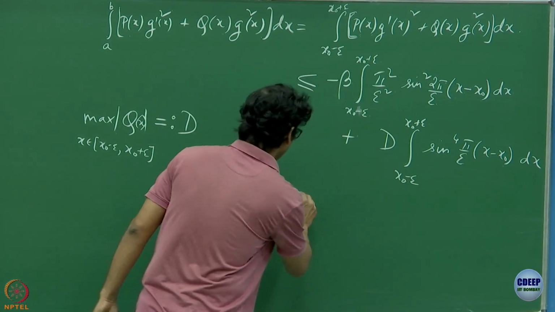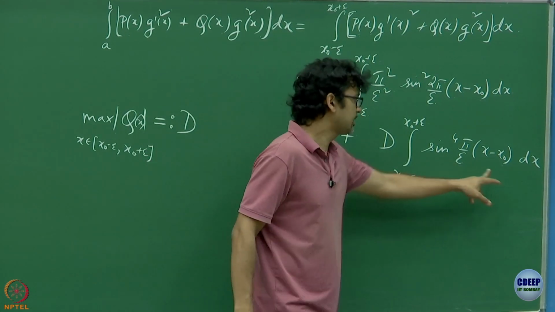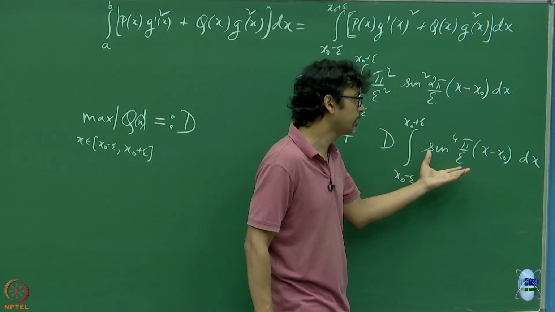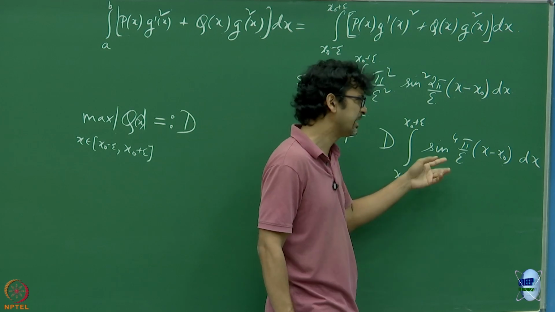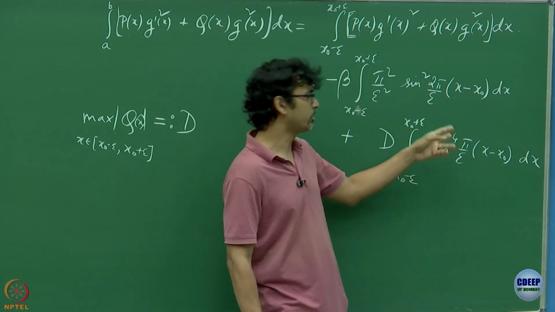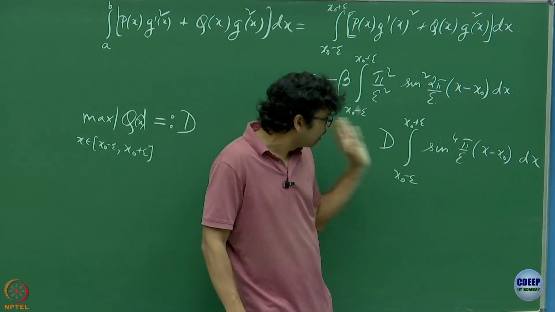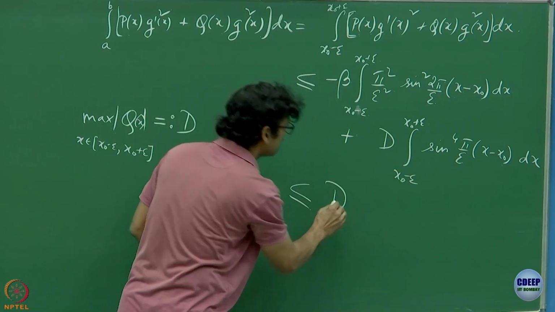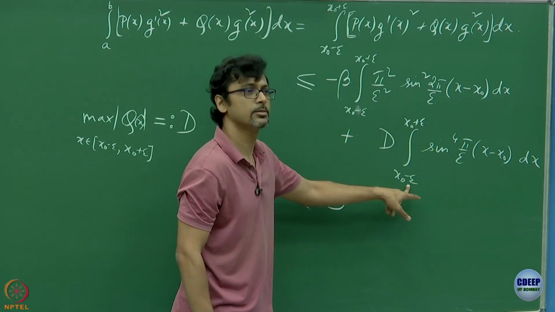I'll do one more thing here. Now this is of course bounded by 1. So instead of using all those tricks you learned for integration, fourth power, get it down to its quadratic and this, that, let's just say this is upper bounded by d times x plus epsilon minus x minus epsilon, that's 2 epsilon.